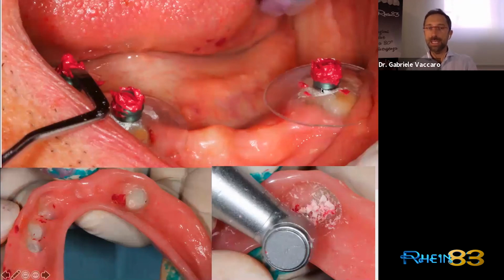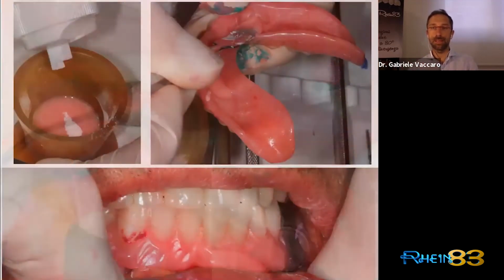Otherwise, the resin will go under the undercut, and after the curing of the resin, it's impossible to extract the denture. So remember it. I always stress this point because it's very annoying and time-consuming to extract the denture if the resin has polymerized under the undercut.